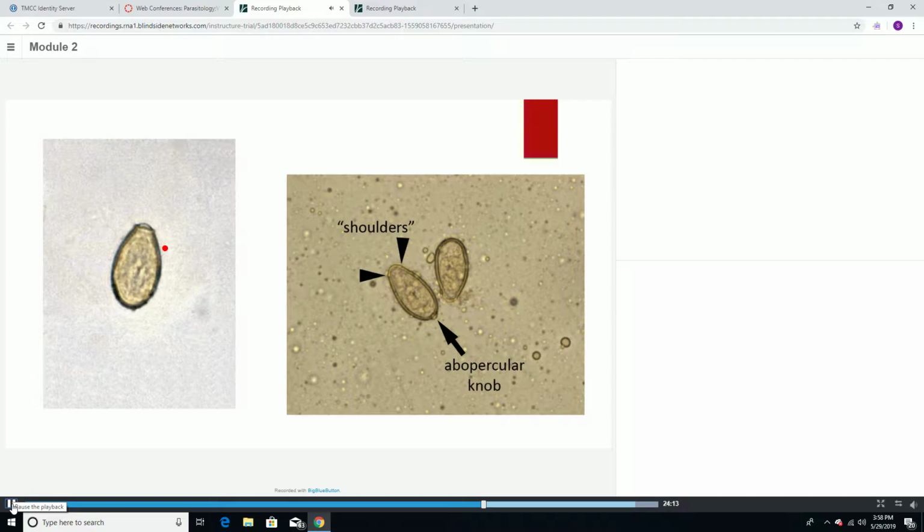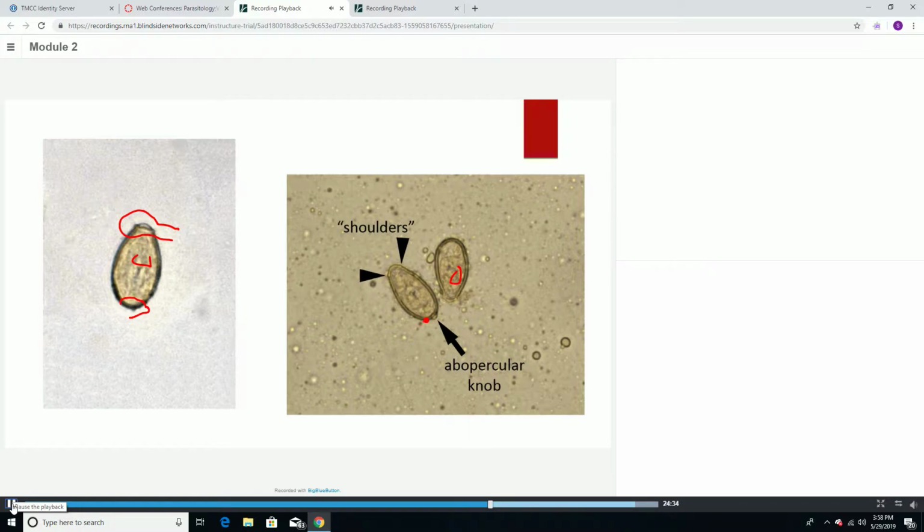Here, the egg is going to have a thickened rim around the operculum, also known as shoulders. You're going to see developing miracidium inside of the organism. You can see these little developments inside of there. And then we're going to see a really tiny small knob at the end here.